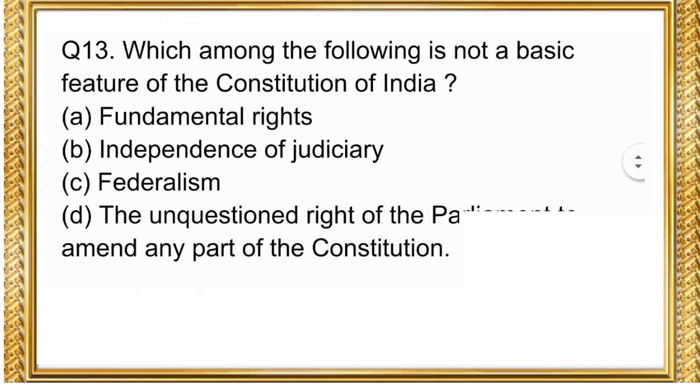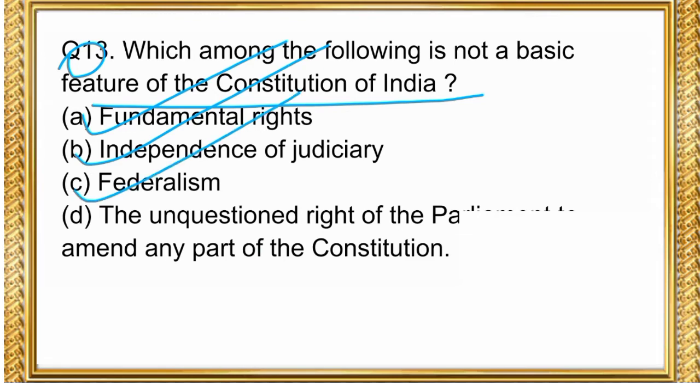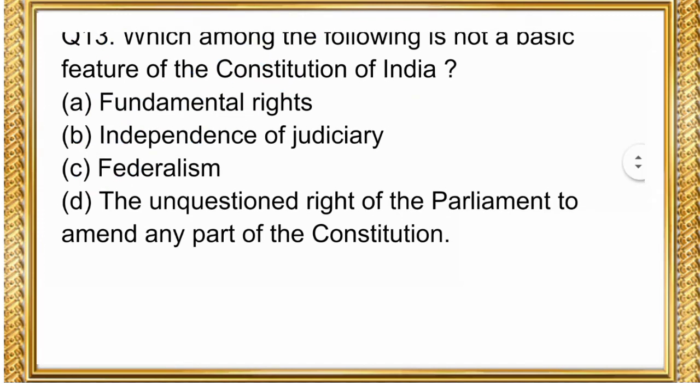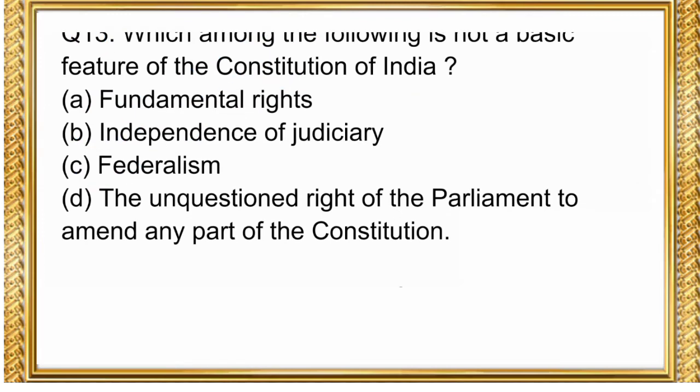Next question is question number 13, asking that which among the following is not a basic feature of the Constitution of India? Option A is fundamental rights, B is independence of judiciary, and C is federalism, and D is the unquestioned right of the parliament to amend any part of the constitution.